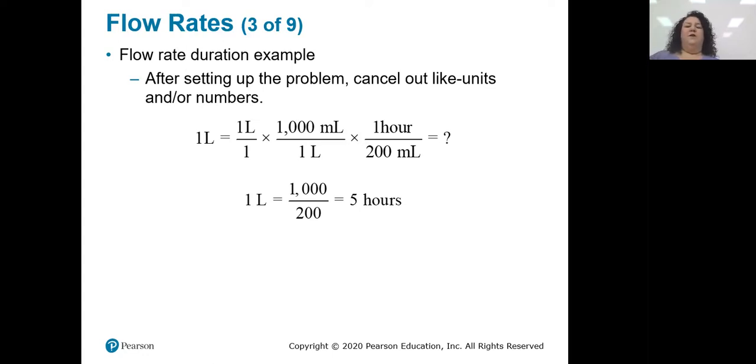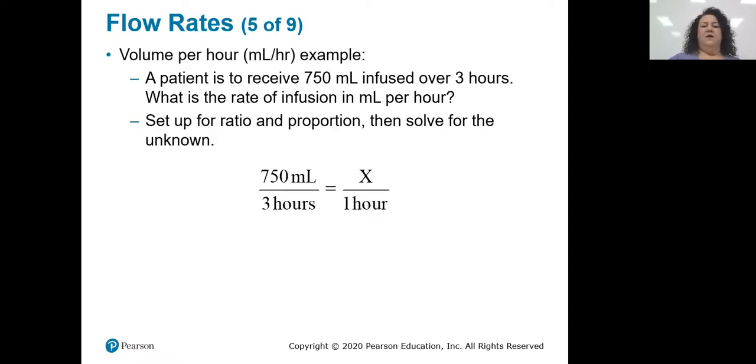And then for the denominator, 1 times 200 is going to equal 200. So we're left with an equation that reads 1,000 over 200. And if we divide 1,000 by 200, it gives you the answer 5. And hours was the only unit of measure left after you had canceled out your like units of measure.